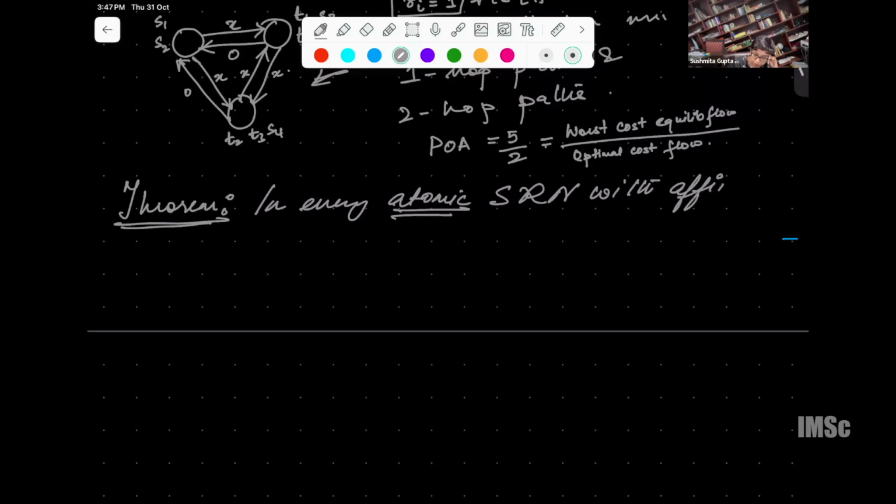Okay, so affine cost functions are almost linear. It's something very similar to linear, but not exactly linear, because the cost function has the appearance of ax plus b.